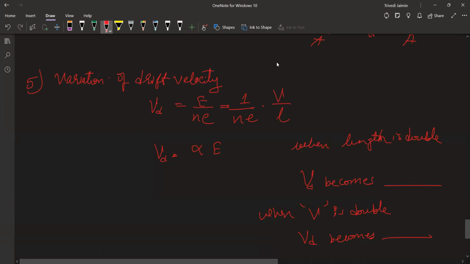Okay, so what will happen if length is double? So first one, length is double. What will happen to drift velocity, V D? See from the formula.